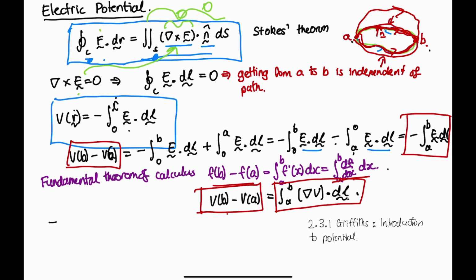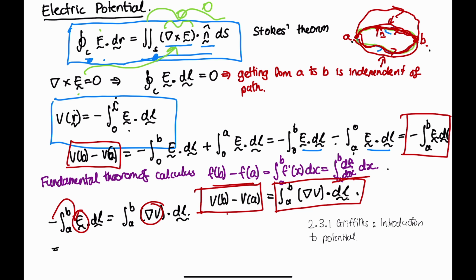We've got minus the integral from a to b of E dot dl is equal to the integral from a to b of grad V dot dl. And then because we've got the same limits here and both these are dotted with dl, you can see that this thing is going to have to be the same as this thing. Well, with our negative, we'll have to put our negative in there as well.